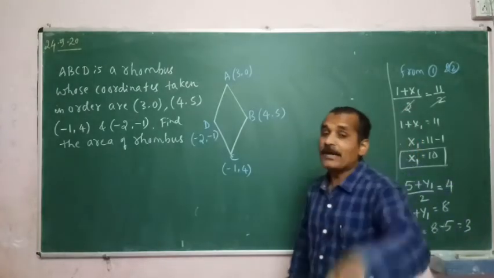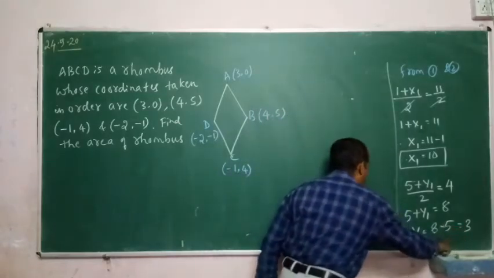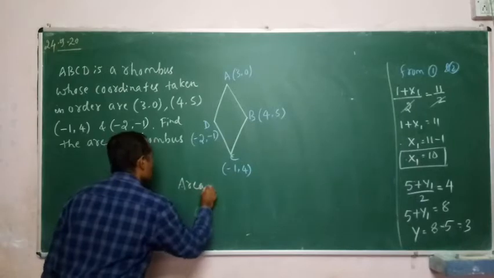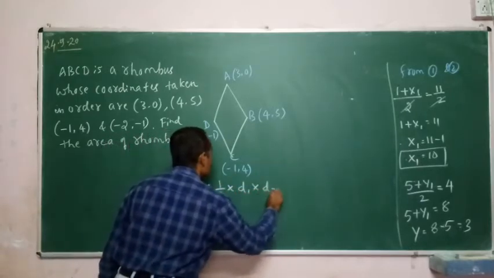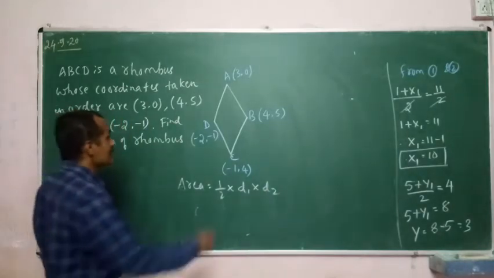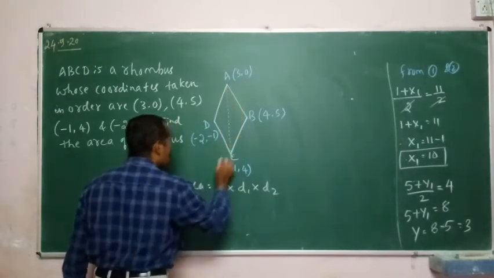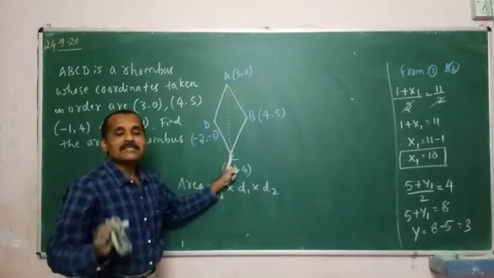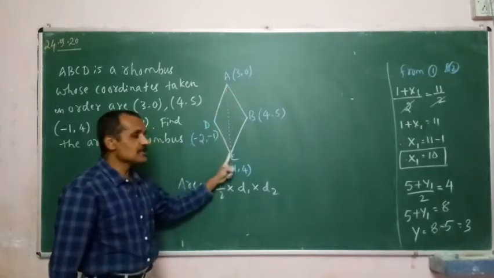First of all, you should know, my dear children, what is the area of a rhombus? The area of a rhombus is equal to half into d1 into d2. What are d1 and d2? They are the diagonals. Simply use the distance formula.